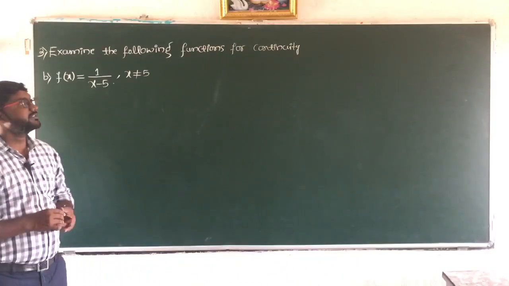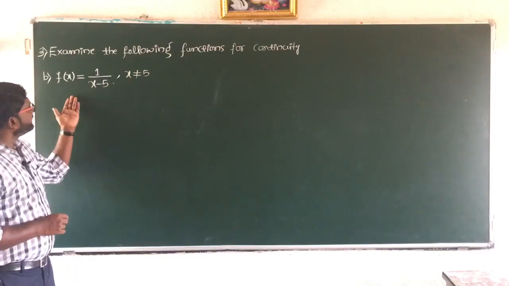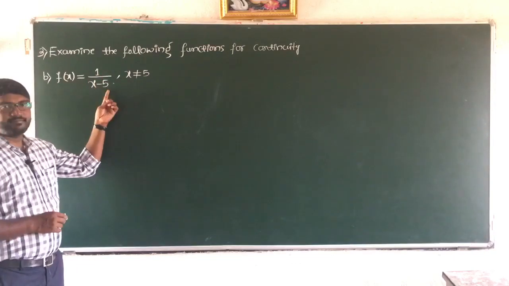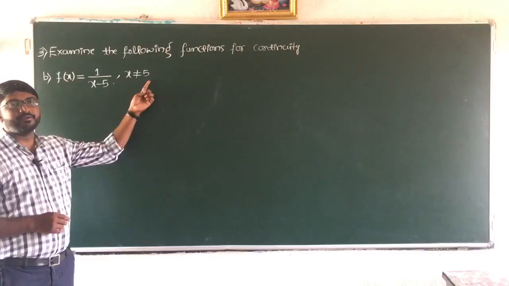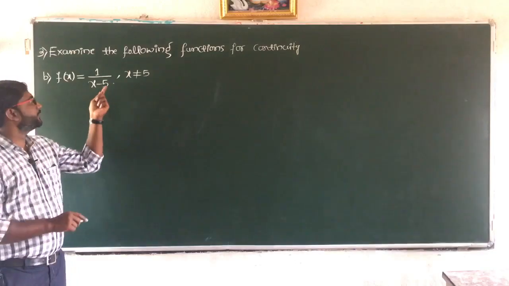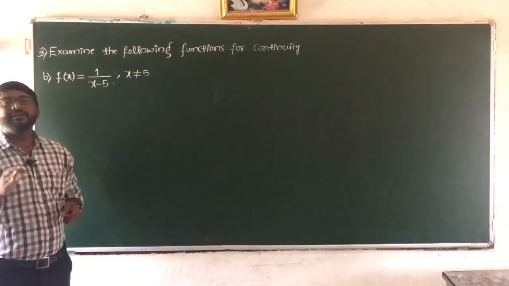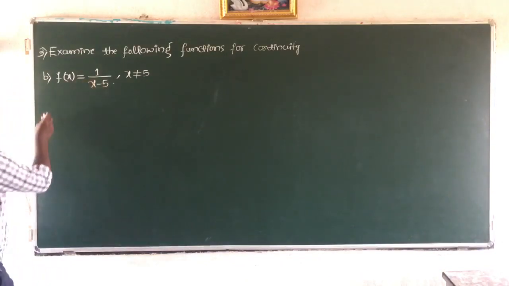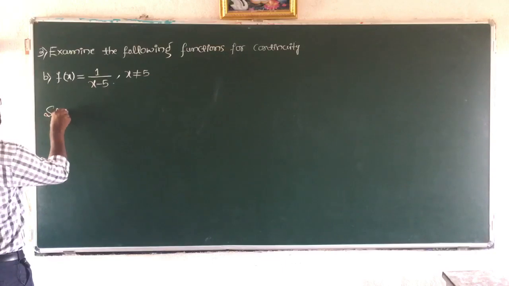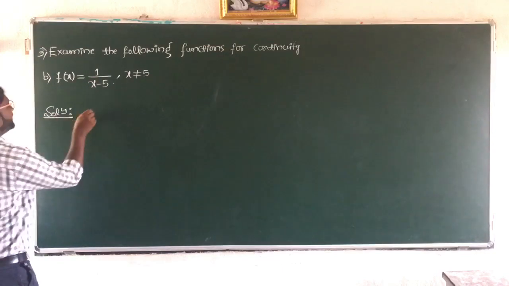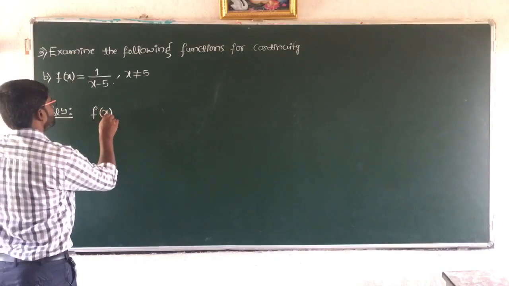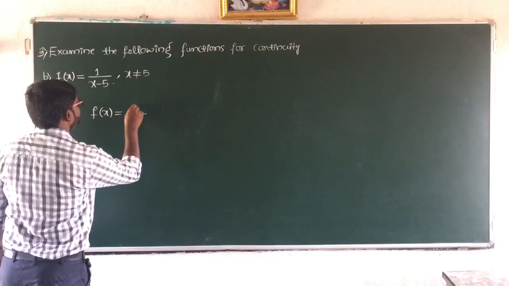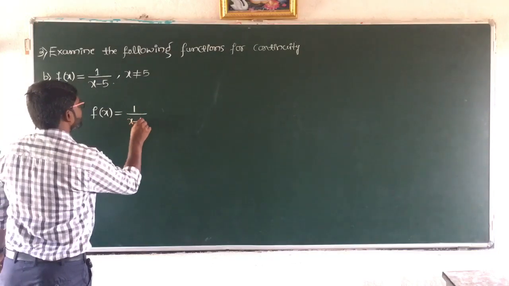The second question in the third main is f of x equal to 1 divided by x minus 5 and x not equal to 5. If x is equal to 5, the denominator becomes 0. If the denominator is 0, then the function is not defined. So that is why he has given x not equal to 5. So here f of x is equal to 1 divided by x minus 5.